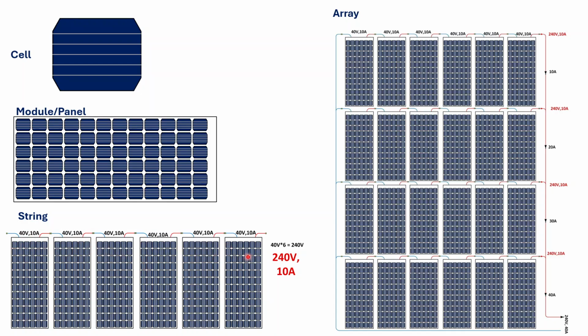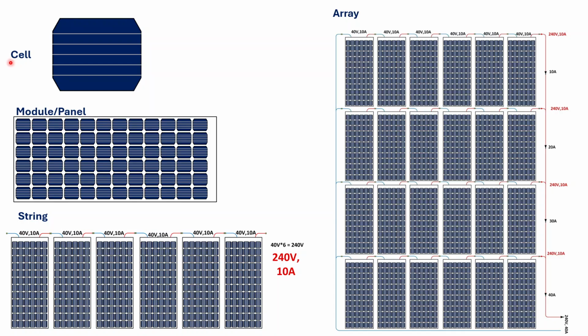So these modules, when connected in series to form a string, will have a voltage of maximum 1000 volts. Currently there are 6 modules connected in series, so the overall voltage is 240 volt, and considering 10 ampere current from each solar panel, since they are connected in series, the overall current will remain the same. The overall system will have 240 volt and 10 ampere current.